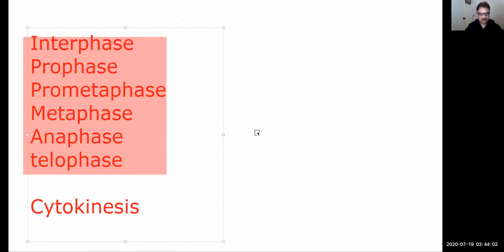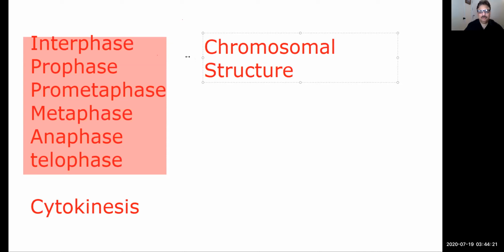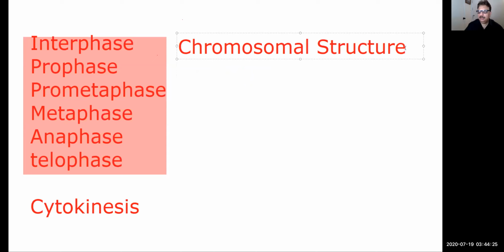Now to avoid confusion, I teach very systematically, very objectively, and I want you to focus on a couple of things. One is chromosomal structure. Then I would like you to focus on chromosomal movement.